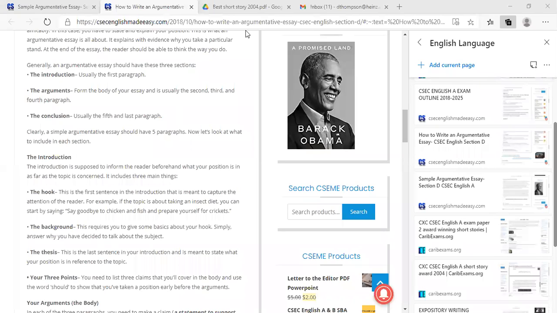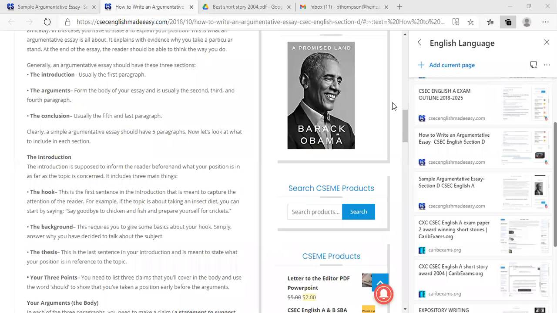I don't think it's enough. No. Your hook is supposed to be one sentence.